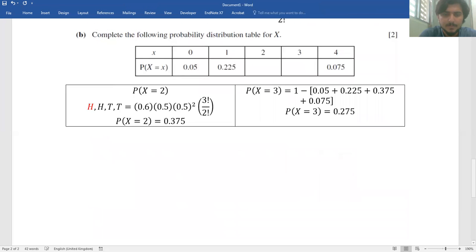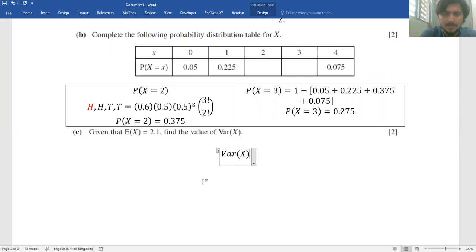Okay, class. Given that the expectation is 2.1, find the variance. How do we find the variance? We already have the formula. We just square the variables.